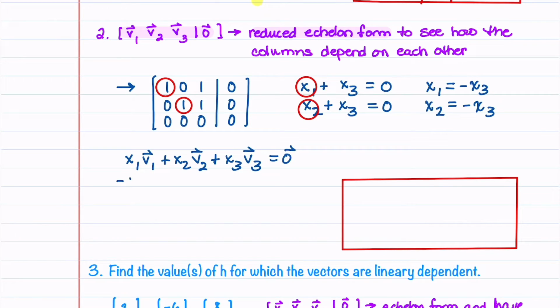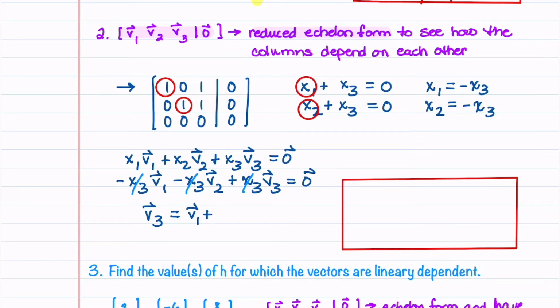This gives us minus x3 v1 minus x3 v2 plus x3 v3 is equal to 0. You can see that we can cancel out our x3 terms and then get a solution for v3 that looks like this. We have v3 is equal to v1 plus v2.